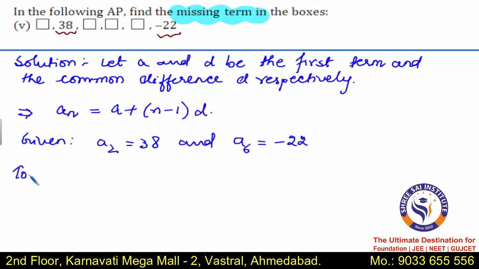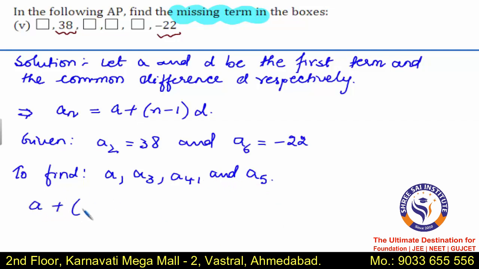We have to find the first term, that is A, third term, fourth term, and the fifth term. The second term of the AP can be written as A plus 2 minus 1 into D, which is given to us as 38. This implies A plus D is equal to 38.